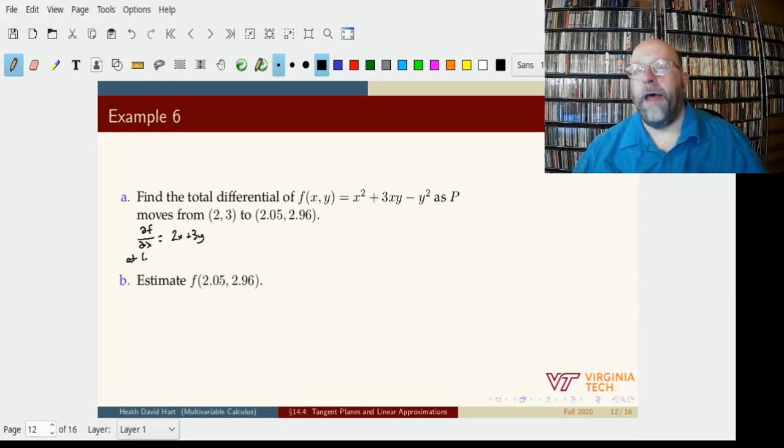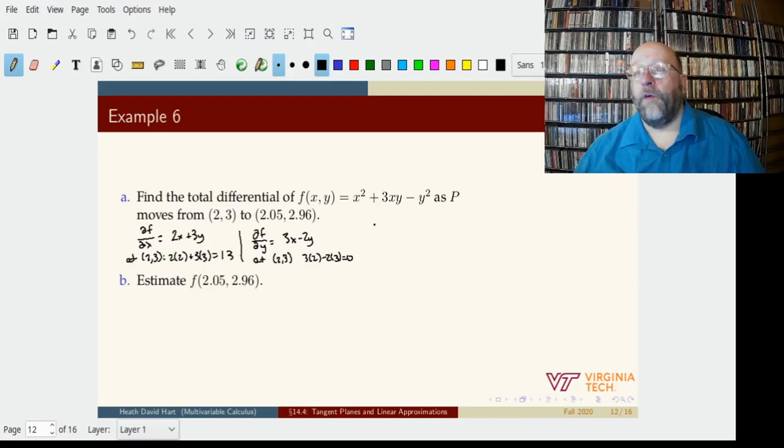At the point 2, 3, that's 2 times 2 plus 3 times 3, which is 4 plus 9, which is 13. Then the partial derivative in the y direction is 3x minus 2y. At the point 2, 3, that's 3 times 2 minus 2 times 3, which is 0 in this case.